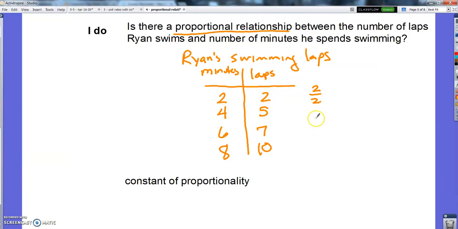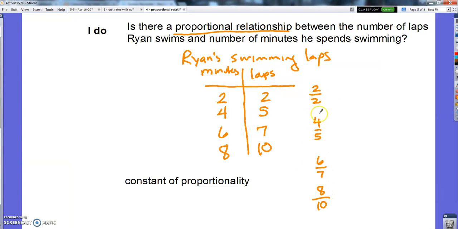My next one is a 4 to 5 ratio. My next one is a 6 to 7 ratio. My next one is an 8 to 10 ratio. And I want to know, are those all the same ratio, or are they not?